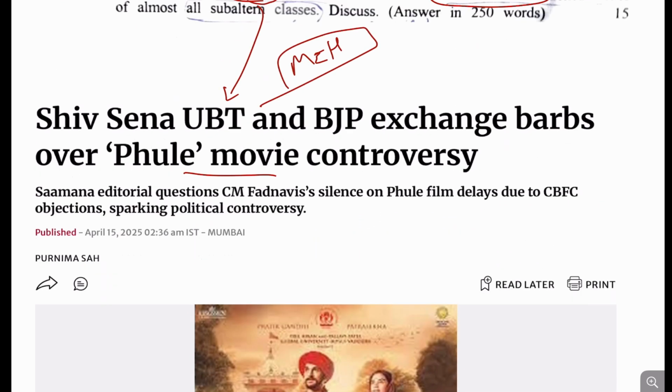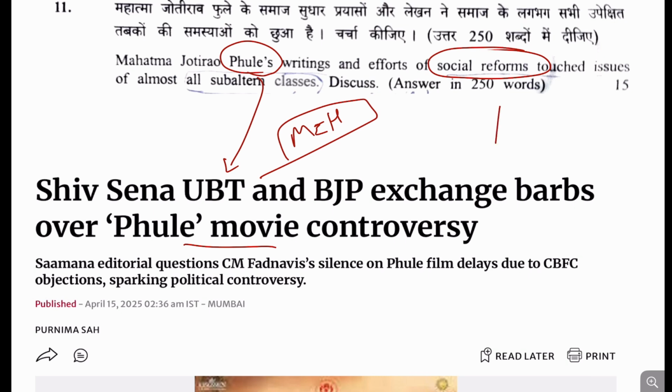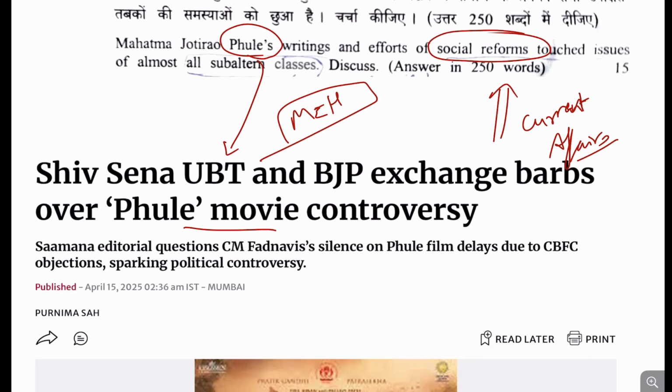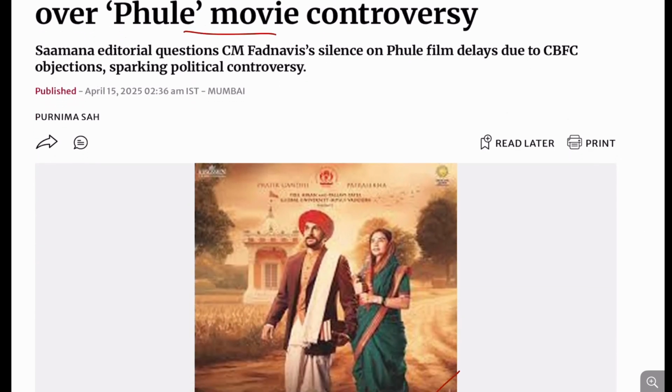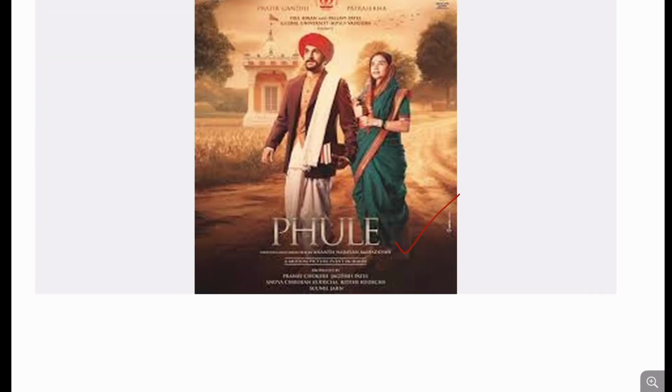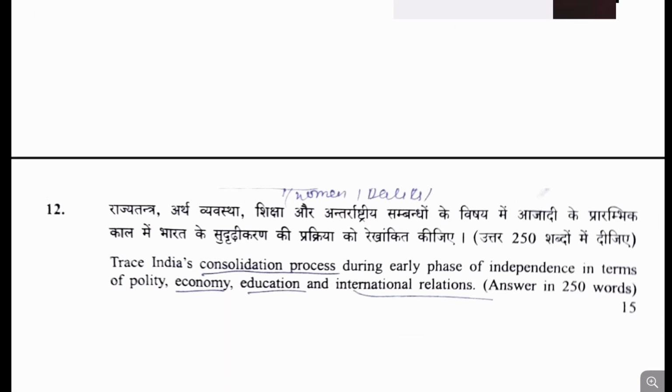So this question, though given in modern Indian history, has heavily been derived from current affairs. So this question was on the expected lines, right? It was all over the news.